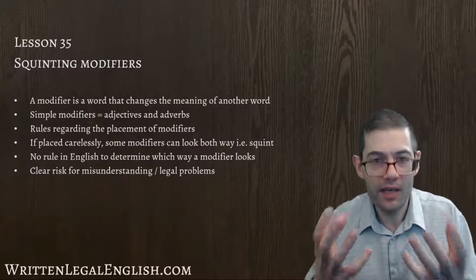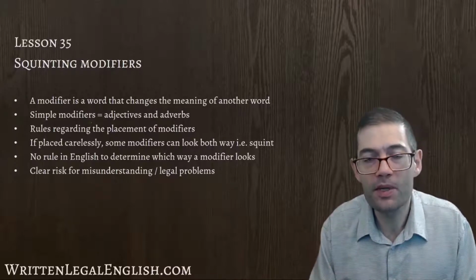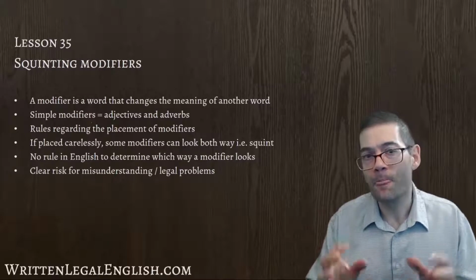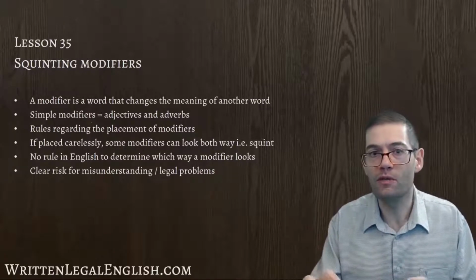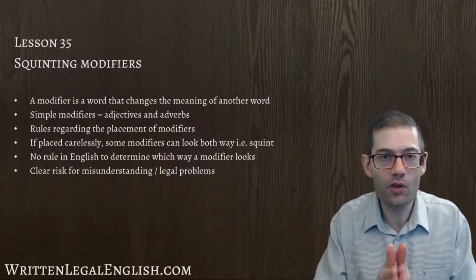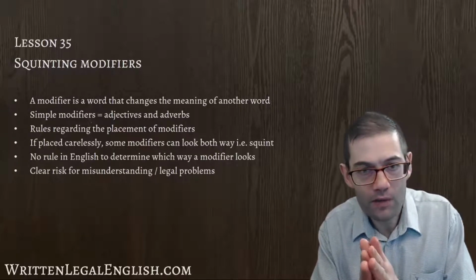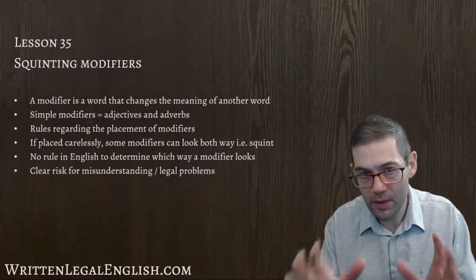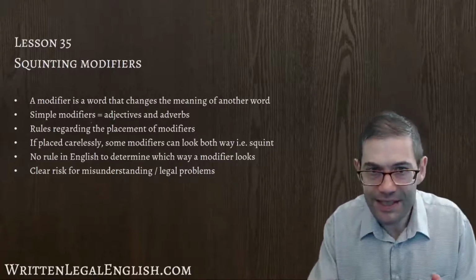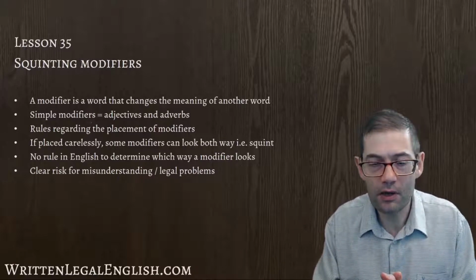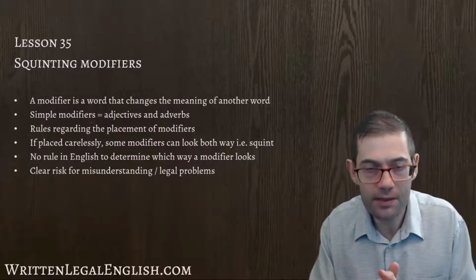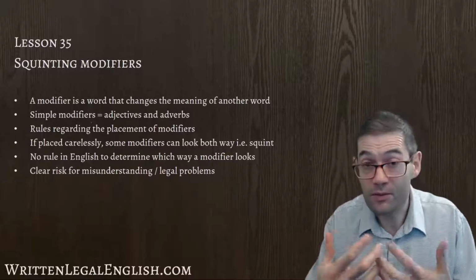So adjectives and adverbs are very, very common examples of modifiers. Now, when it comes to where you put modifiers, the general rule is that you put the modifier as close as possible to the thing it's modifying. But I'm sure if you remember your lessons about adverbs in particular, you will know that adverbs can go in a number of different places in a sentence and still make grammatical sense.